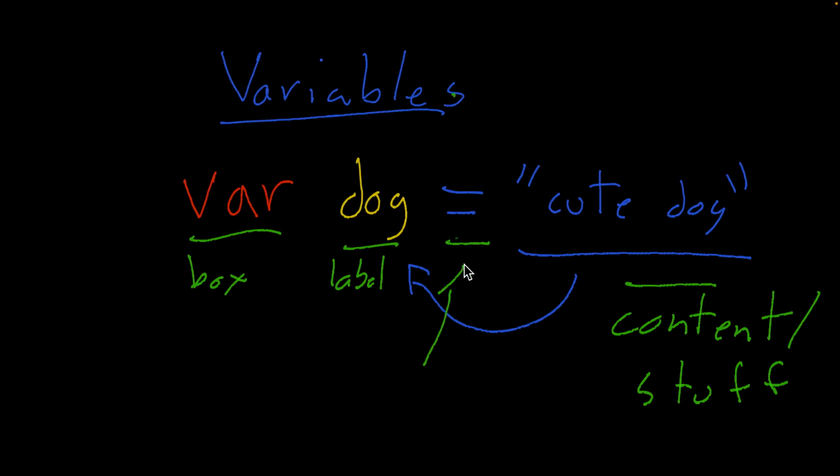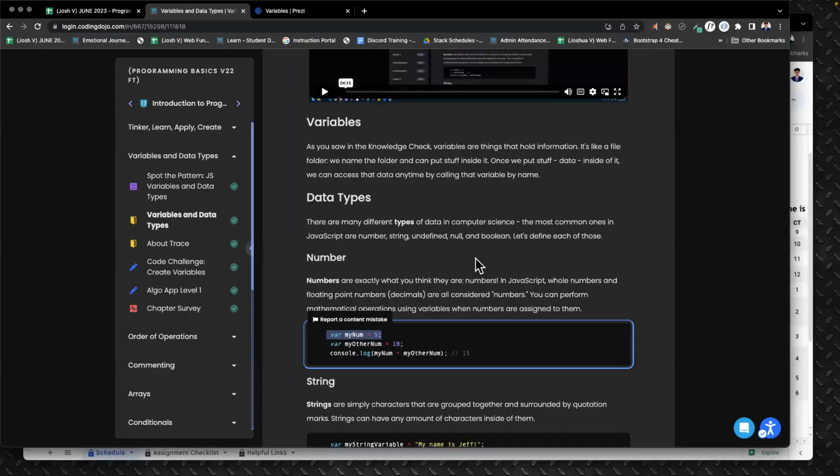That's important. 1 equal sign. Not 2, not 3, just 1. 1 equal sign puts something in the box. Okay, just 1. All right. So I think we're doing well. We understand this one. I'm excited. We're understanding this pretty well so far.